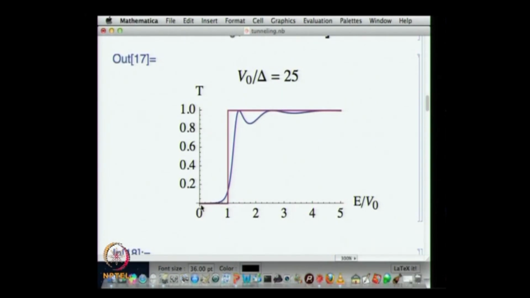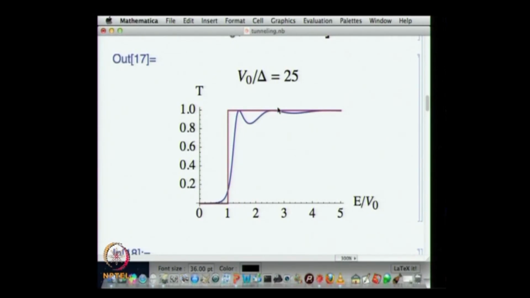So, in that range for a classical particle, T will be equal to 0, and if E is greater than V0, you are in this range, and for a classical particle the value of T will be equal to 1. So, classically in this range you have T equal to 0, and in this range you have T equal to 1, and therefore, you have a step function like appearance.